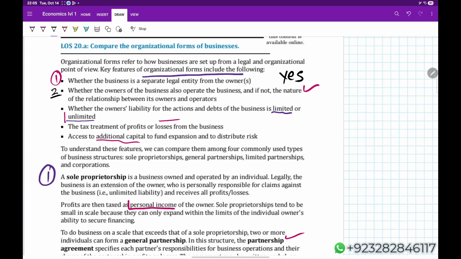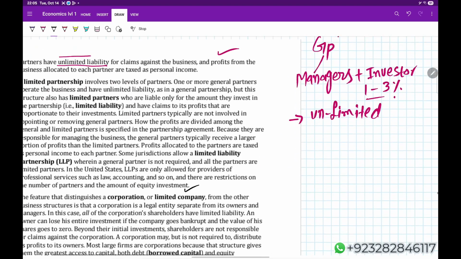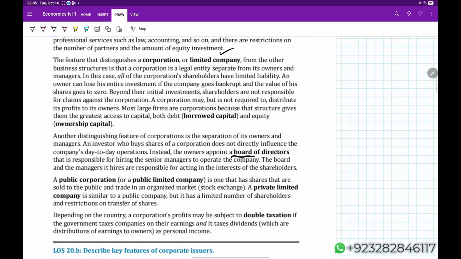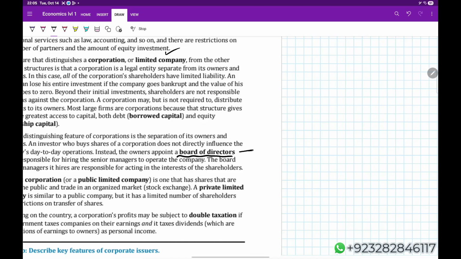And what is the relation between owners and managers or board of directors? That is the principal-agent relation when we talk about companies, because the board of directors are the agents. The board of directors are the agents of the principal, who are the shareholders.